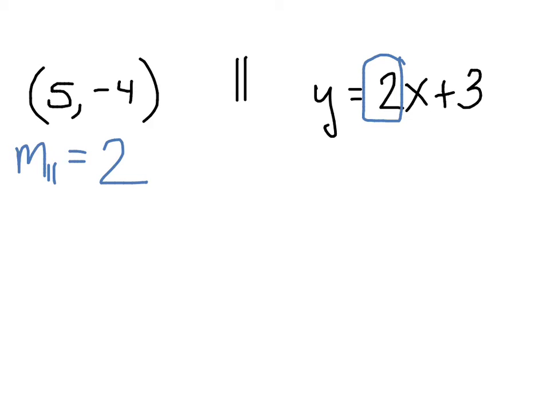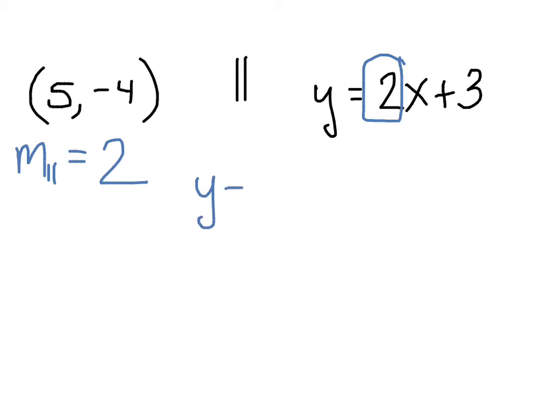So here's me using symbols. M stands for slope. Two little lines like that means parallel. So what I have to do is take the slope from the one that they give us, and now I'm going to use this ordered pair to come up with the equation. If you remember from what we've been doing, we have a point and we have a slope.